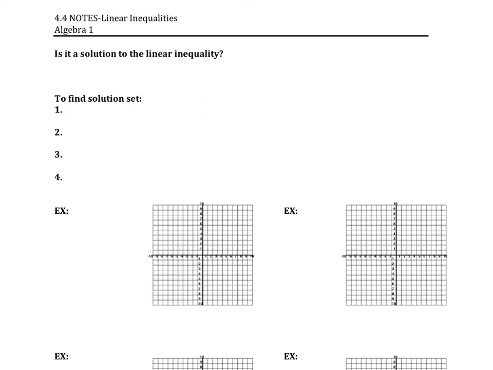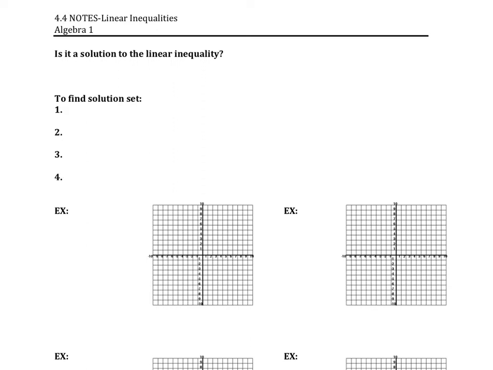Well, with an inequality, it's going to be a solution region, and we have to see if the solution lies in that region. But the same thing is true. To check to see if it's a solution means it makes the statement true.